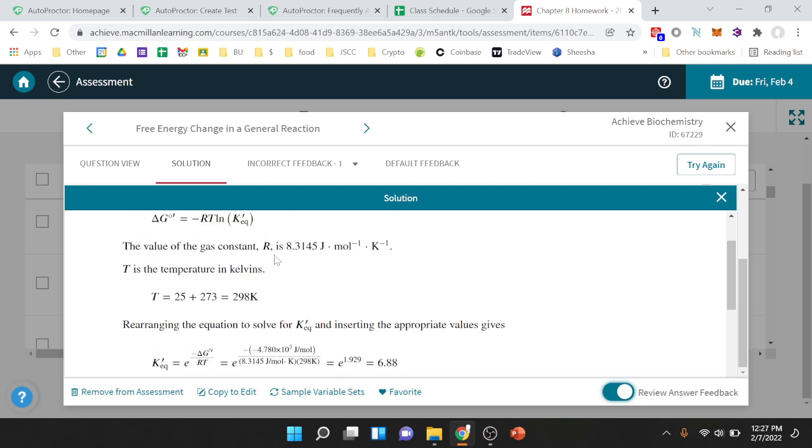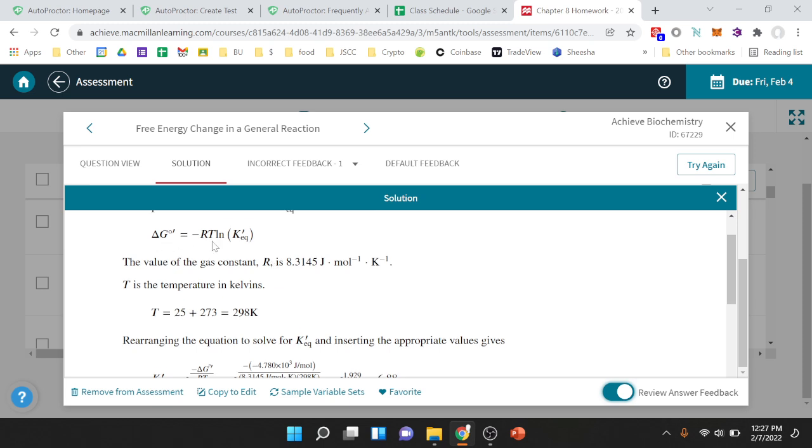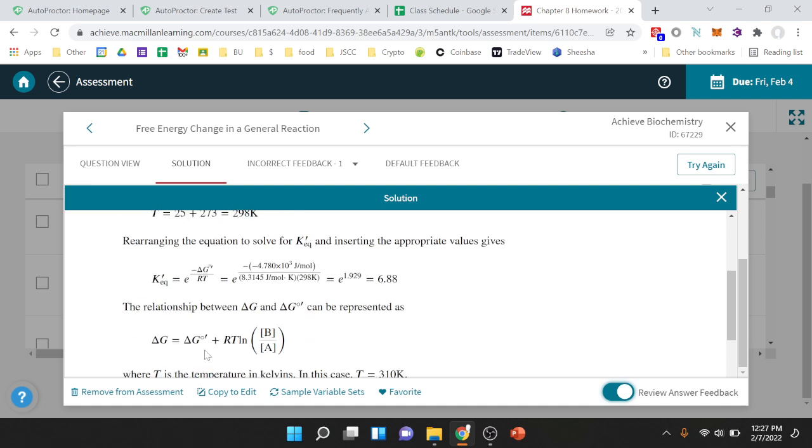So this is actually the derived formula where delta G equals 0 from this one right here, right? Okay. And notice that's products over reactants. When we're not at equilibrium, this would be called a Q, right? The reaction quotient. When we're at equilibrium, that would be a K, right? Which is the reaction equilibrium constant.